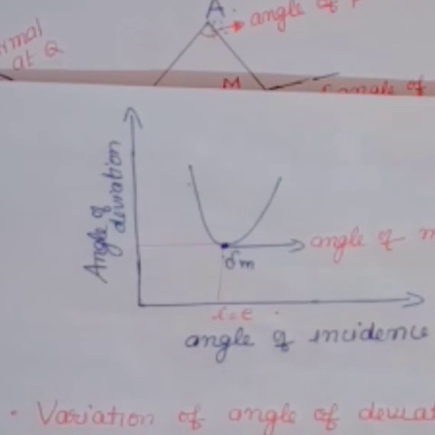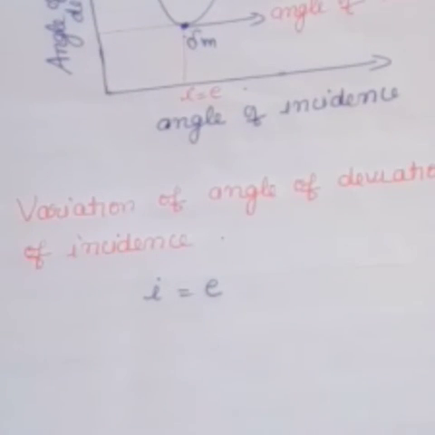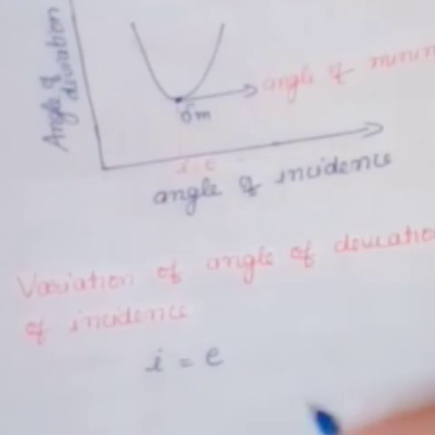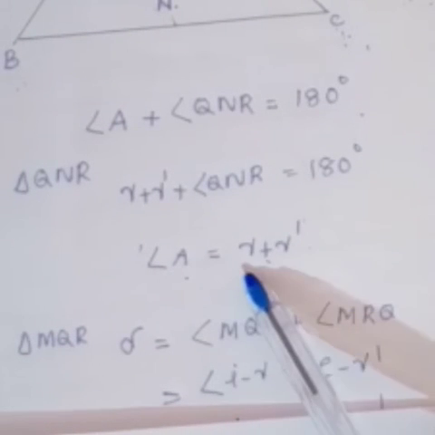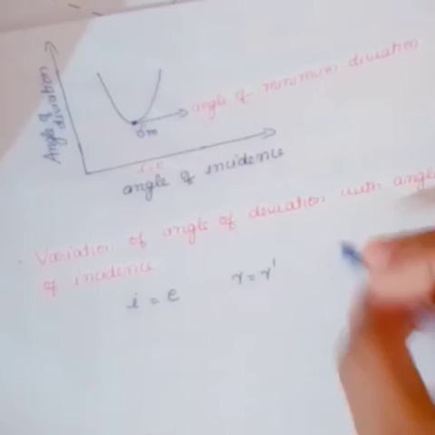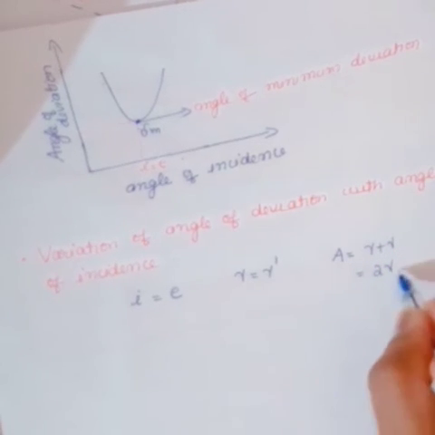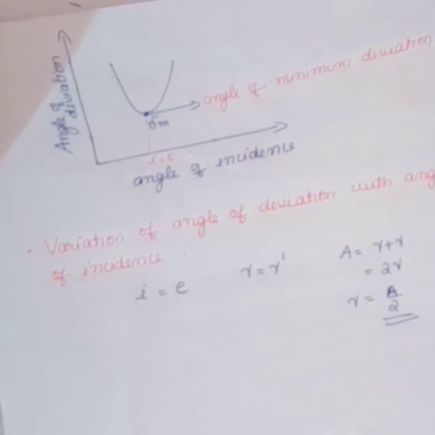When a prism is in the position of minimum deviation, the angle of incidence I is equal to the angle of emergence E. In that case R is also equal to R dash. You also know that angle A is equal to R plus R dash, so the angle of the prism A becomes R plus R, which is 2R. So R is equal to A by 2.